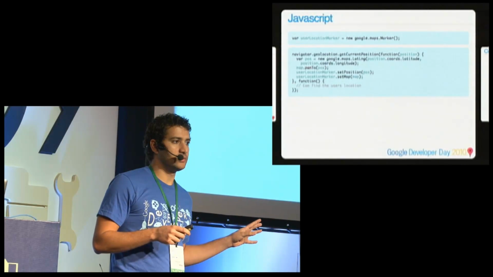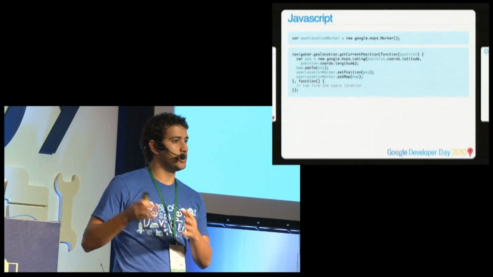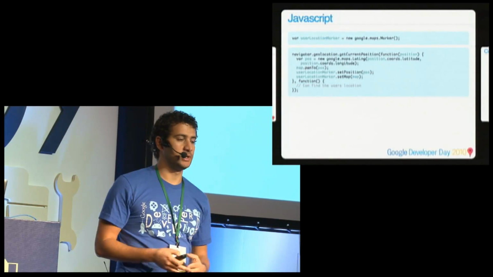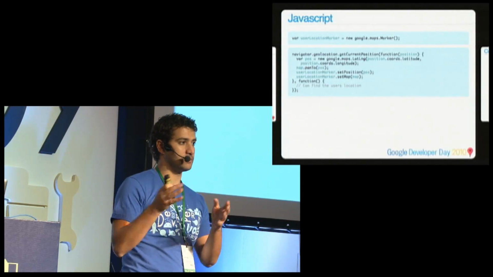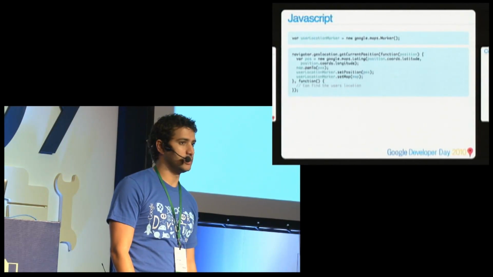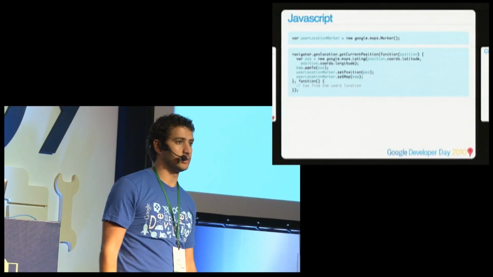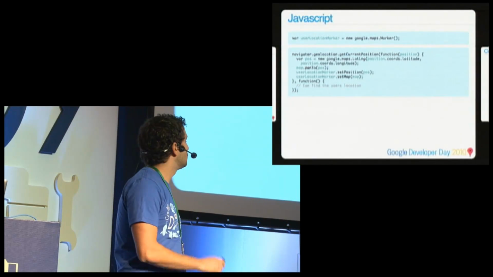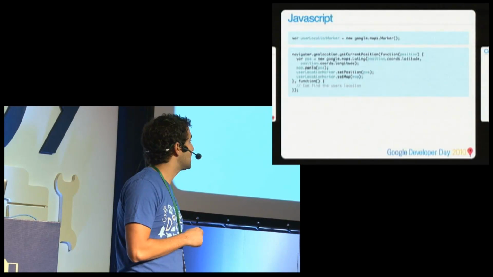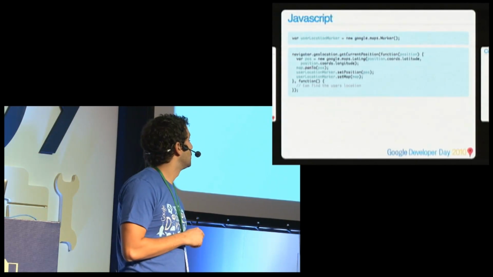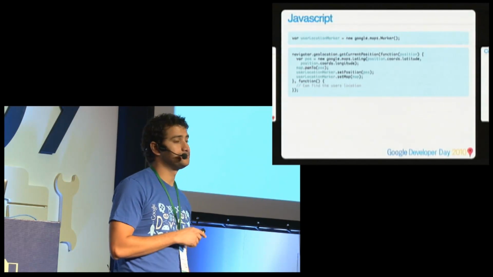On V2, I would say map.addOverlay and give it a marker. In V3, I say marker, live on this map. So it's a different sort of design structure. If you want to remove the marker from the map at this point, you just set its map to null. So in this call, I would have null.